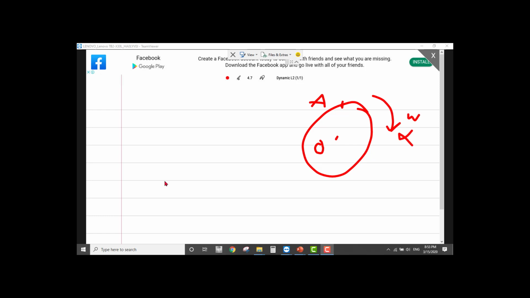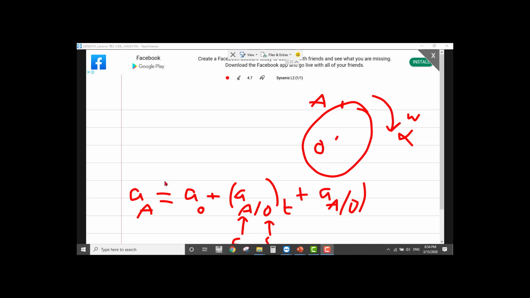Now, we need to find the acceleration of point A. If we use relative acceleration analysis, AA must equal AO, plus AA with respect to O as the tangential component, plus the normal component. We start with A, so this is the starting point and this is the ending point.